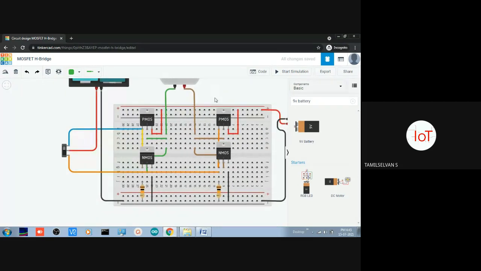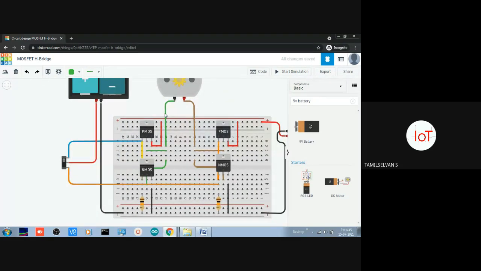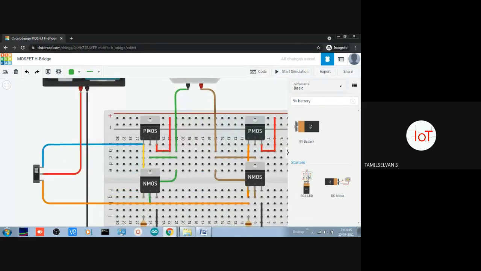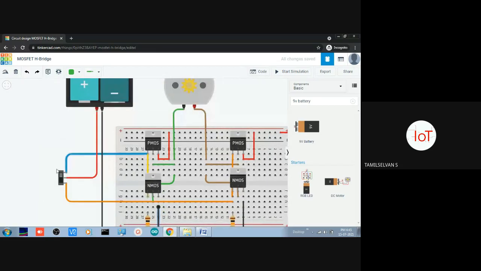So this will be connected with the positive terminal of the motor, and on the other side again there is a PMOS and NMOS. So this PMOS is again connected with the 9 volts. As I said before, this is a power rail carrying 9 volts. So this 9 volts is coming into this source terminal, and at the bottom the NMOS transistor is connected with the ground terminal.